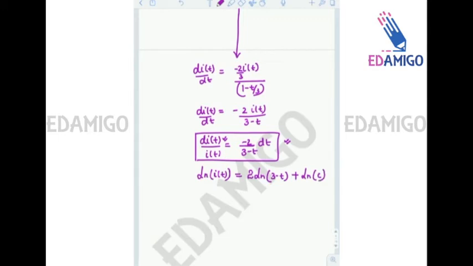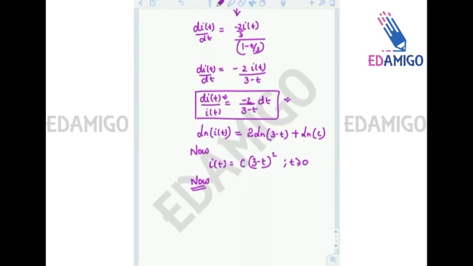Now from here we can see that I(t) is equal to C times (3 minus t) whole square, for t greater than 0. Since it is given that I(0), that is at t equals 0, is equal to 1 ampere, the value of C will be 1 upon 9.